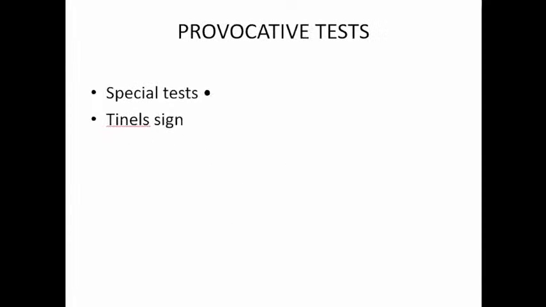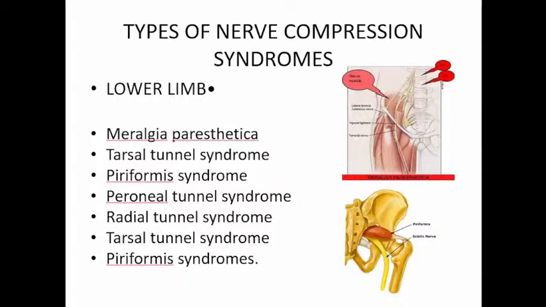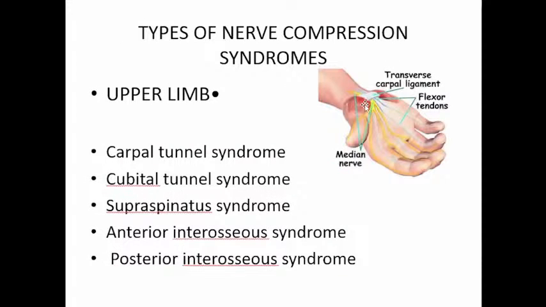Next, once you have examined the patient, there are special tests. A common one is Tinel sign. If, for example, you have carpal tunnel syndrome, you tap the region where the nerve is being pressed, you'll get numbness or even paresthesia distal to the area.